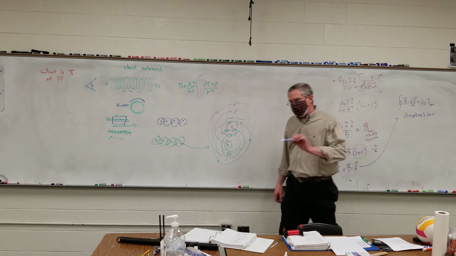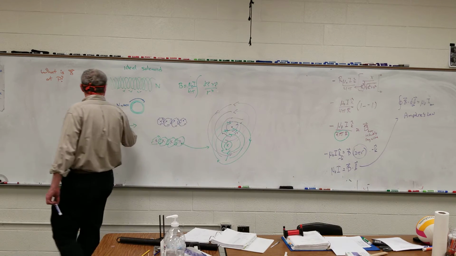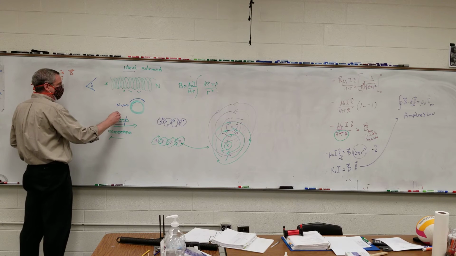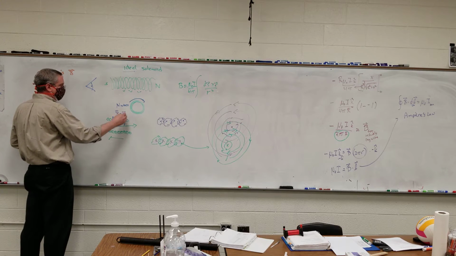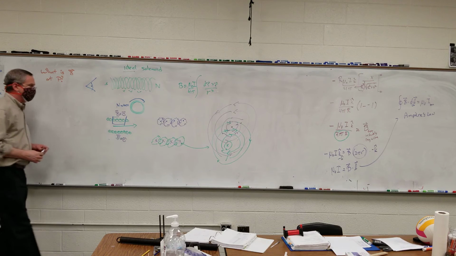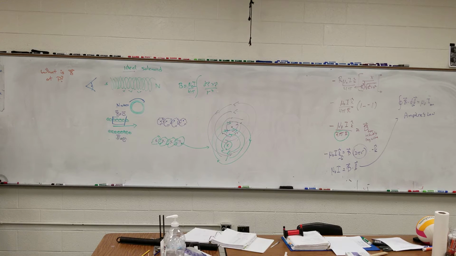And so for the ideal solenoid, my magnetic field outside is 0, and now here it is 0 as well. And there's a lab, the electromagnetic induction lab, where you do a comparison between the ideal and reality.